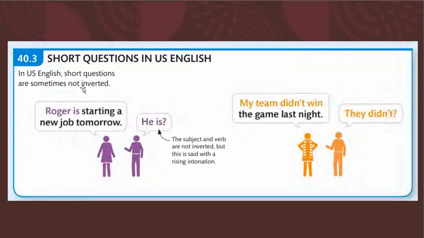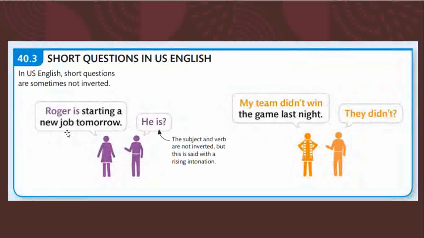So in US English, short questions are sometimes not inverted. That means instead of saying can't he, shouldn't he, etc., a flat sentence, half the sentence, is mentioned with the question mark, and it is used for talking purposes only. So that is conversational English.